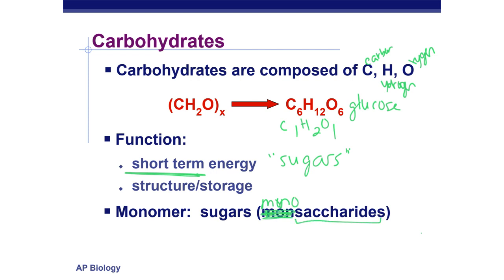Saccharide, when you see that, you need to be thinking sugar. The monosaccharide, the mono part, mono means one. We're usually referring to the ring structure of these carbohydrates. Carbohydrates will usually have a ring shape. If you remember back to DNA, that 5-carbon sugar is considered a ring shape.